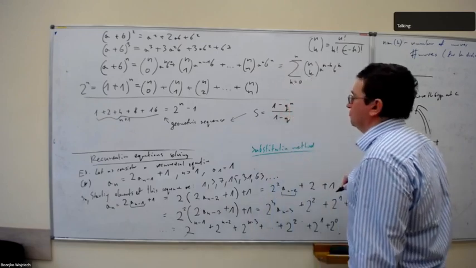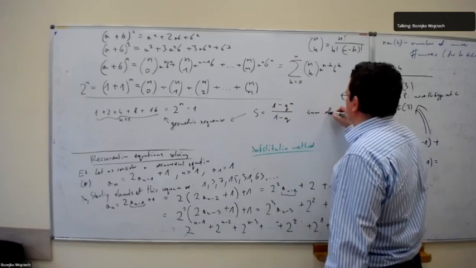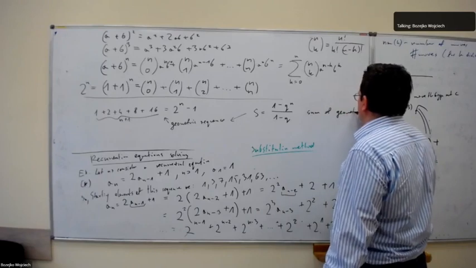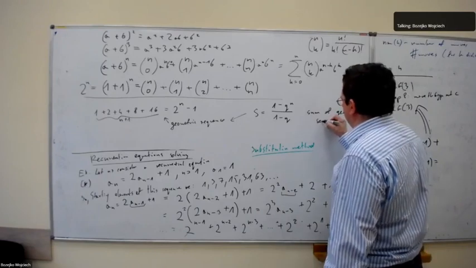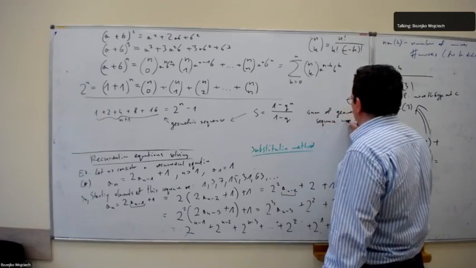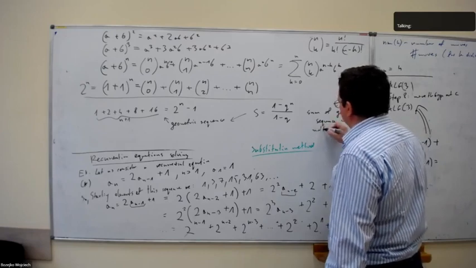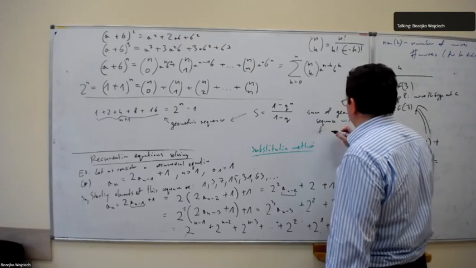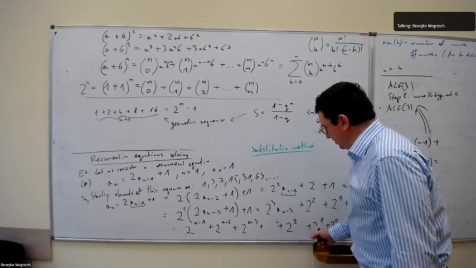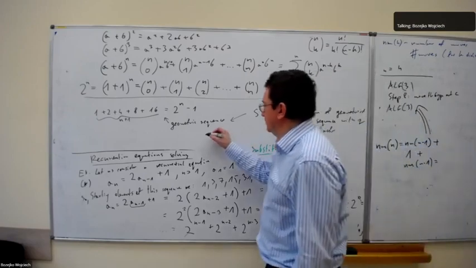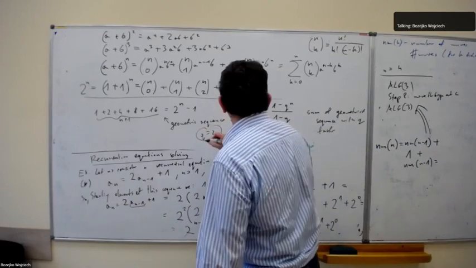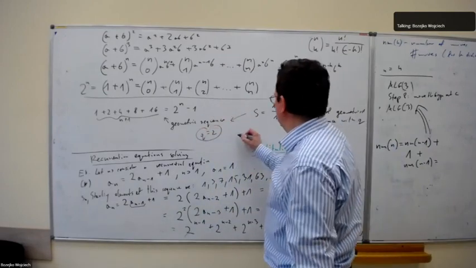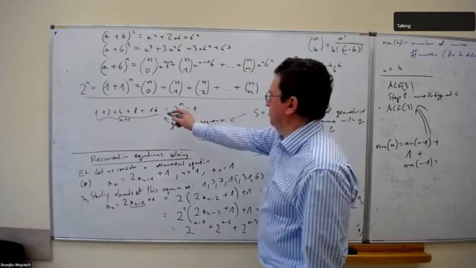This is the sum of a geometric sequence with multiplier, maybe q factor. So the q here is 2. Q is 2. So if we put it here like this, we obtain the sum of this sequence.